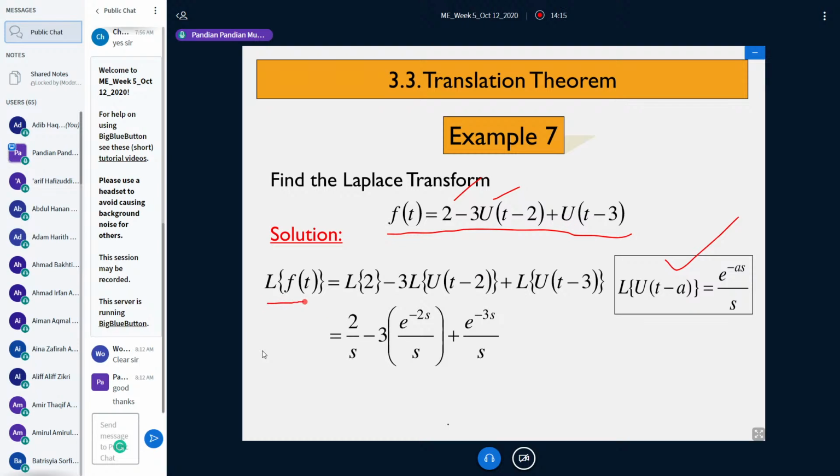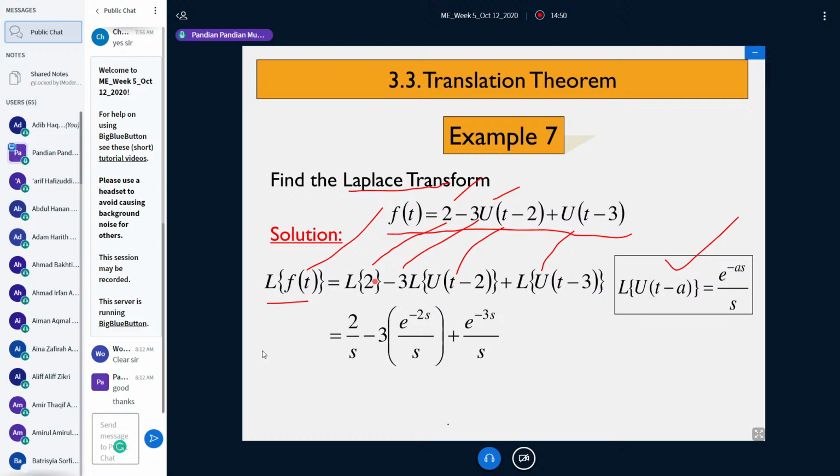So Laplace of f(t), because you want to find Laplace, you have to decompose. So you have to open up. This is what we call the distributive law. So Laplace of 2 here, and this 3 you take out, minus 3 and then Laplace of u(t-2) plus Laplace of u(t-3). This is step number 1. Step number 2, Laplace of 2.